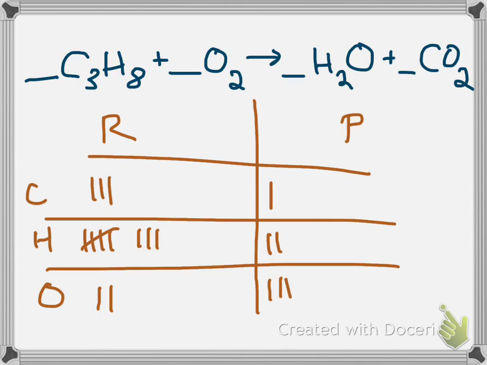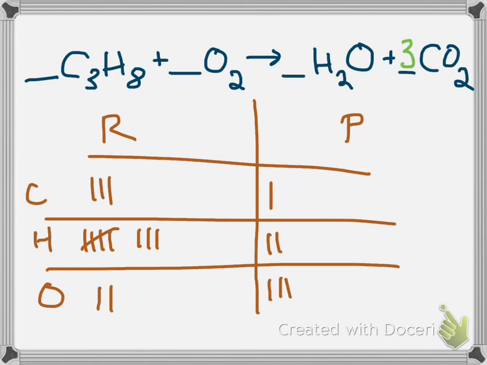Okay, so as you can see, nothing is actually balanced in this reaction. So I'm just going to change colors to show the next step. I'm going to start by balancing my carbons. You could start with carbon or hydrogen. Again, save oxygen for last because since it's alone, it'll be easiest to balance. So I have 3 carbons on my reactant side and only 1 on my product side.